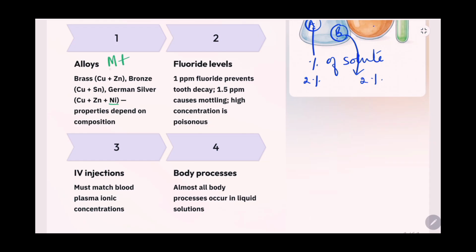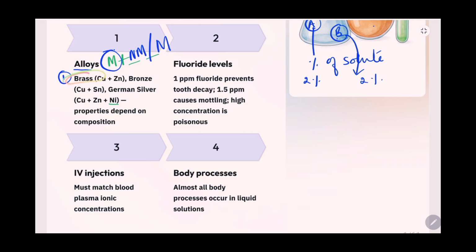Along with that metal you can mix any other component. Mostly we use non-metals, or sometimes we can also use metals. So there is no hard and fast rule. So alloy is a blend or a mixture of two or more than two elements, one of which essentially has to be a metal, compulsorily.